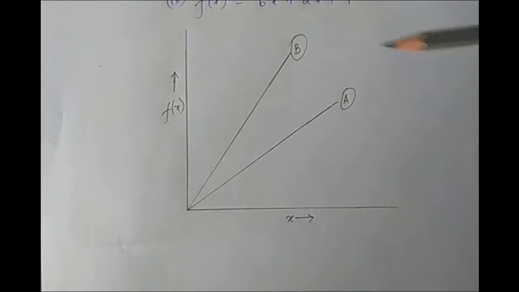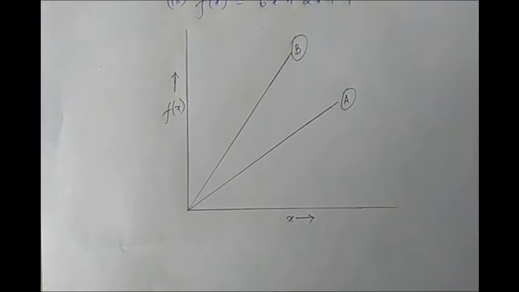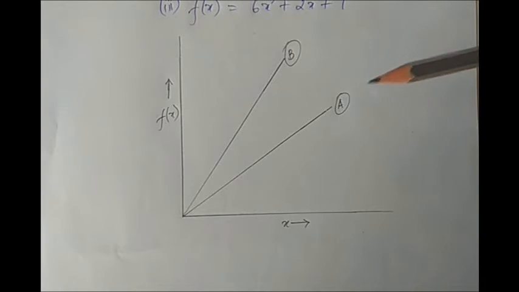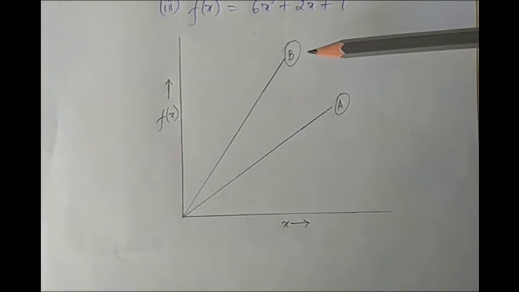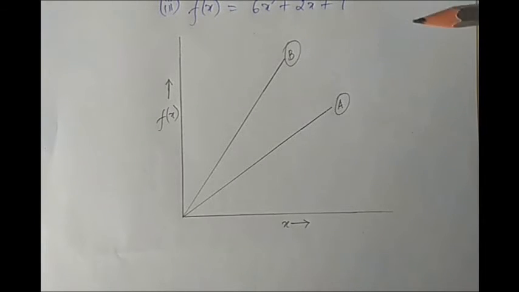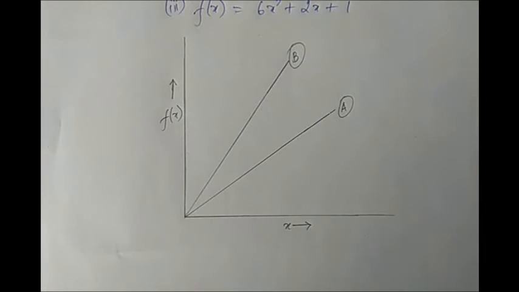And we have two straight lines shown in the graph, straight line A and B. Now, if I ask you which of the two lines shown here is steeper or more inclined, just by looking at the picture, you can tell that line B is more inclined or more steep than line A. But if you're actually asked to prove which one is steeper, you will have to find the slope of these two lines.